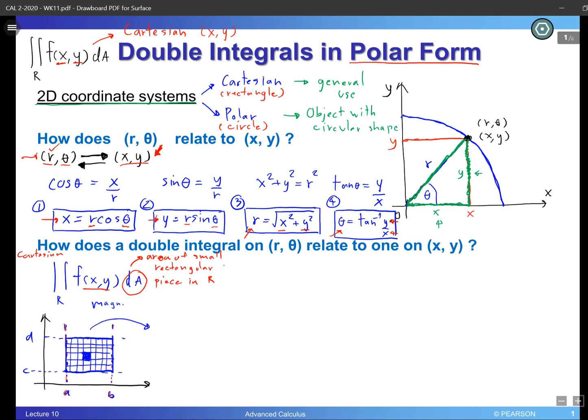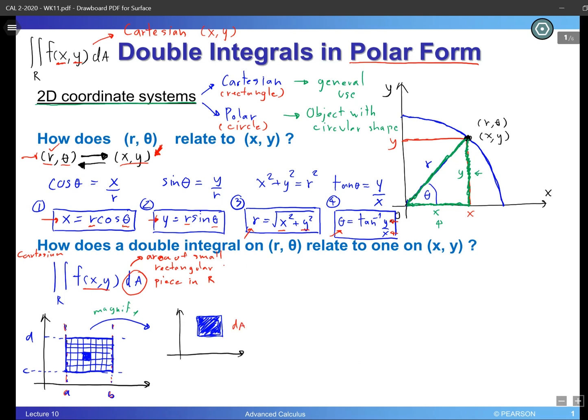Okay, so it's going to look something like this. Alright, so same color. It's going to be this piece right here. And the area of this piece is dA. Just a small piece in the integration domain. So you are looking at this piece and the area is dA.